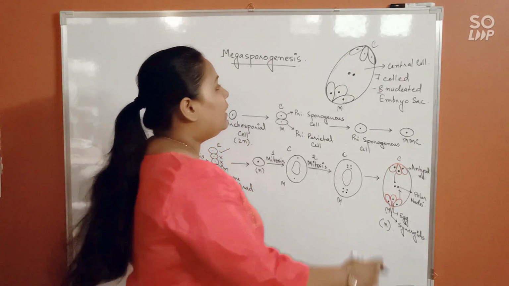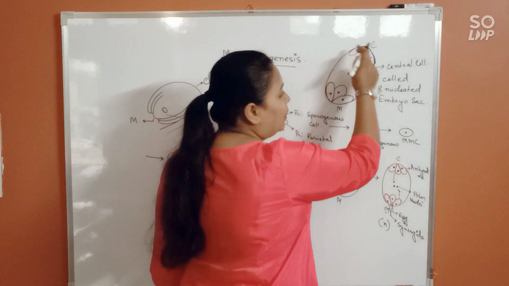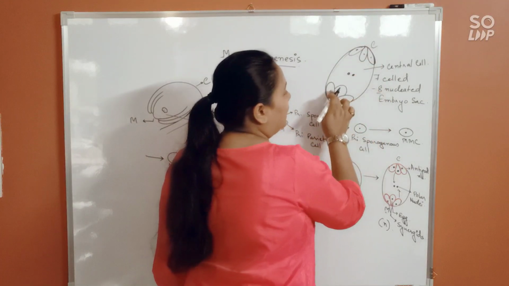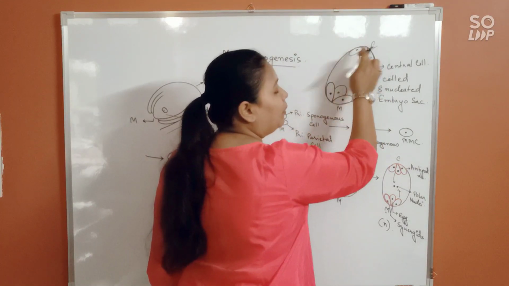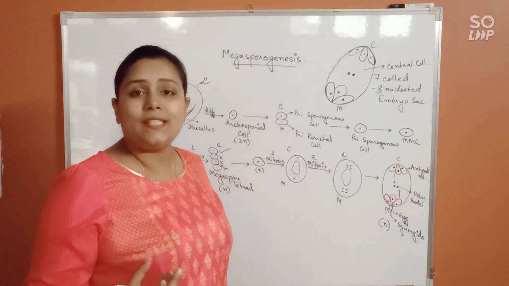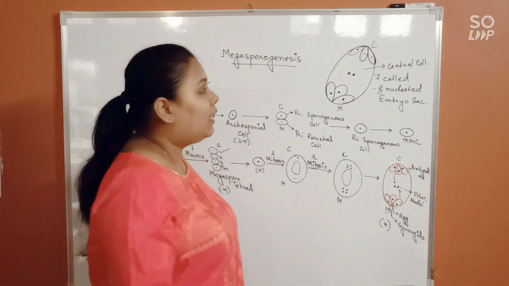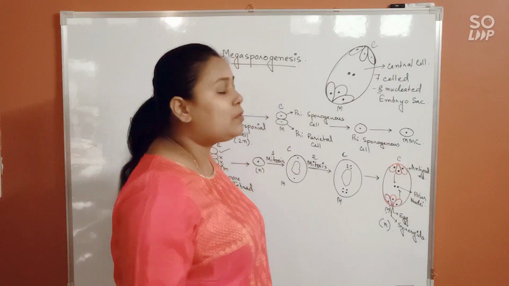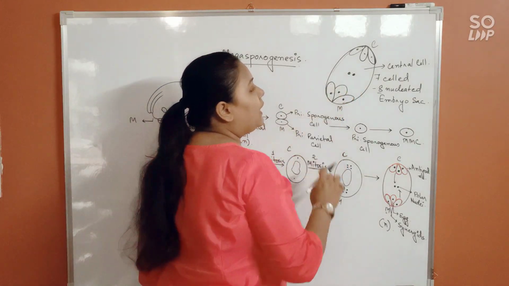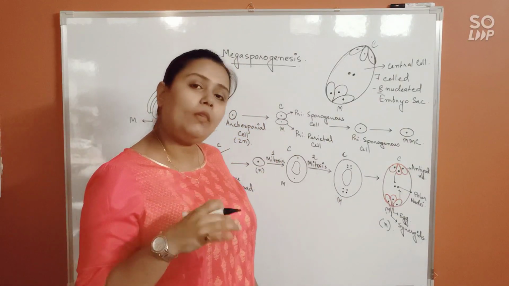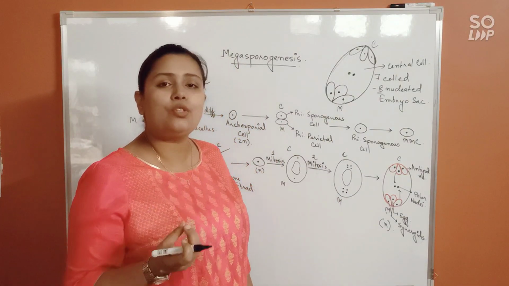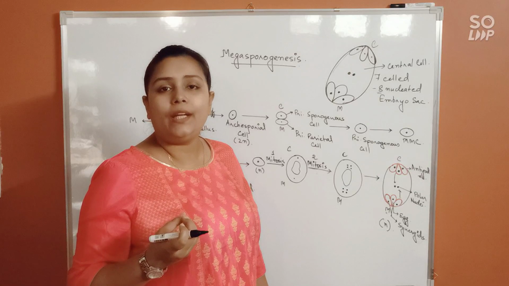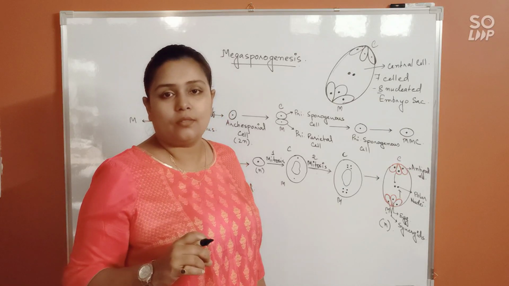Alright? So in this entire embryo sac, out of the 7 cells, these 6 are going to be haploid. But the central cell, it is not haploid. It is binucleated. Or else, sometimes what happens? The 2 polar nuclei might fuse together before fertilization, forming a diploid secondary nucleus. Okay?